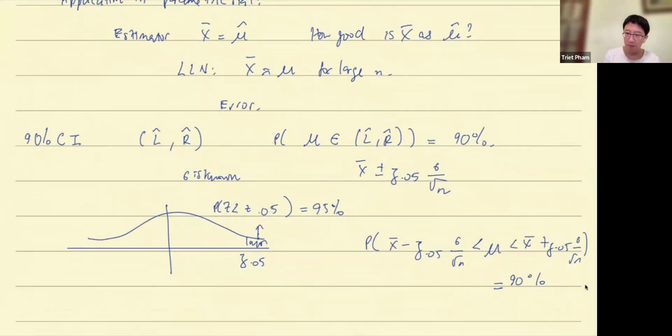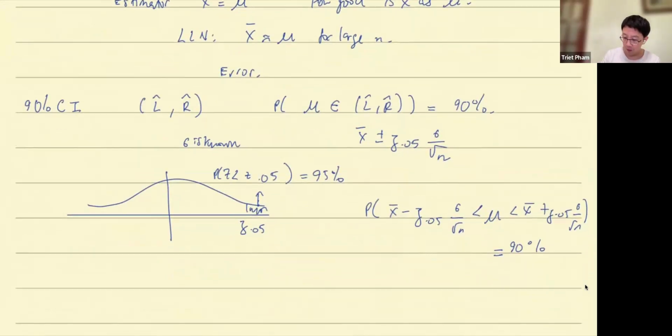And as you can see, this will be the same as the probability that the absolute value of x bar minus mu over sigma over root n is less than z 0.05.